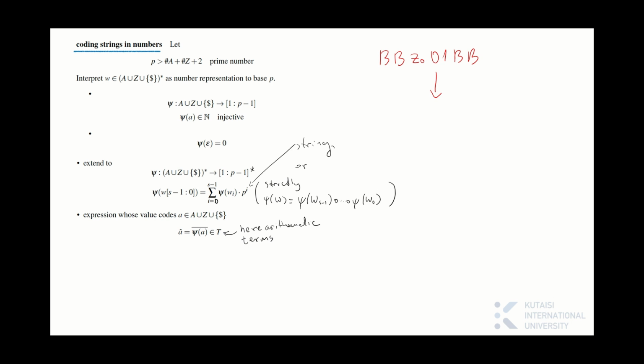So if I have a natural number like 3, 2, 1, 4 in our case, how I interpret this is 3 times p to the power 3, plus 2 times p to the power 2, plus 1 times p, plus 4 times p to the power 0.